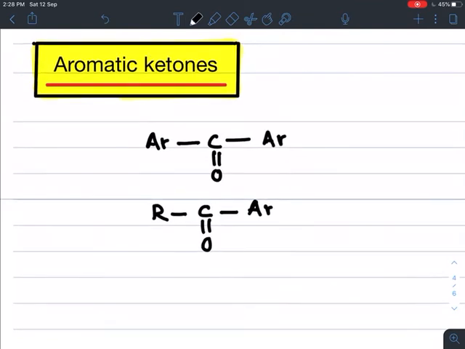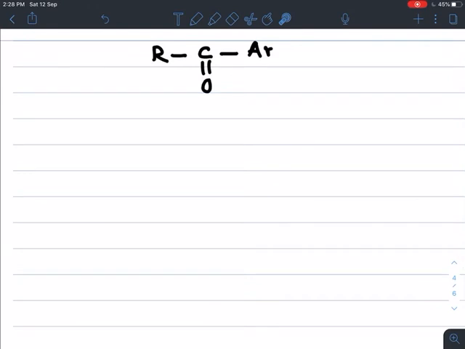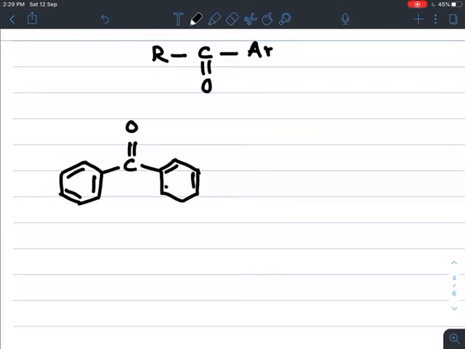So aromatic ketones means both aryl, or one alkyl and one aryl group, attached to the functional group of ketone, that is CO group. If we take an example of aromatic ketone, suppose here this benzene ring is attached to the CO ketonic group, and on the other side the same aromatic ring, benzene ring, is attached to the CO group.